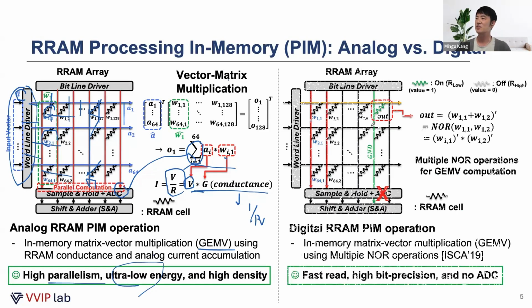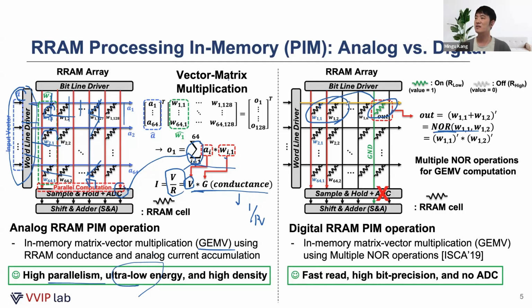Now let us move forward to the digital PIM operation. I will not go into too much detail, but the high-level principle is two input operands and a binary operation. Based on the NOR operation, we can program the output. Based on NOR or NAND, you can build any type of arbitrary function.